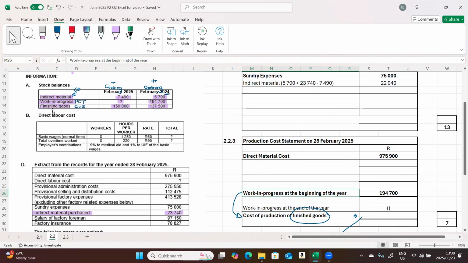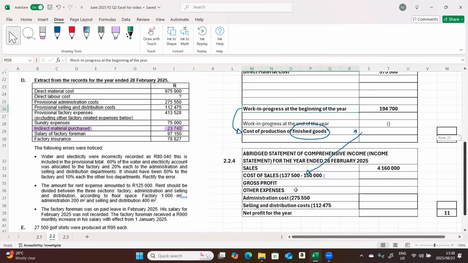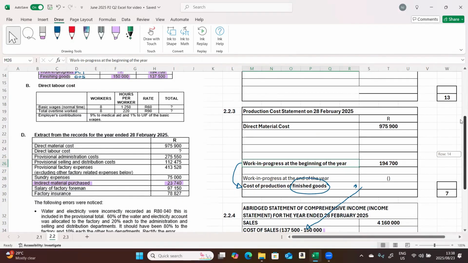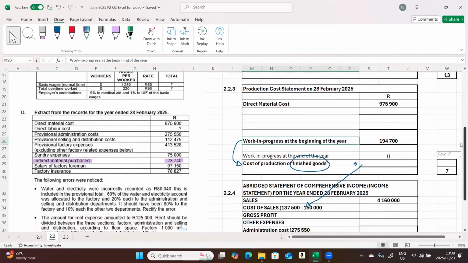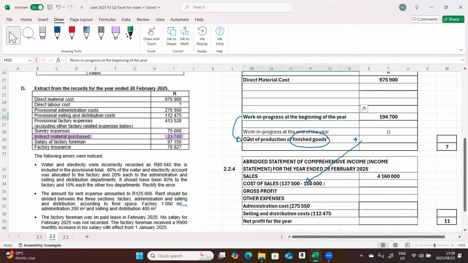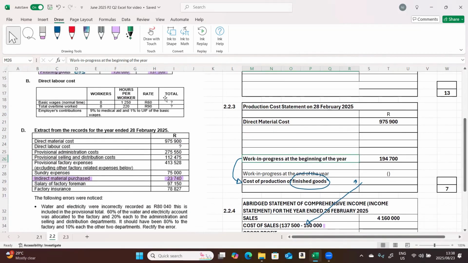Then we go to finished goods in itself over here. The finished goods, as we said, goes to cost of sales. It's part of our cost of sales calculation. We add it over here. The finished goods at the beginning of the year. Once again, guys, it's cost of production of finished goods. This is inventory balances over here.